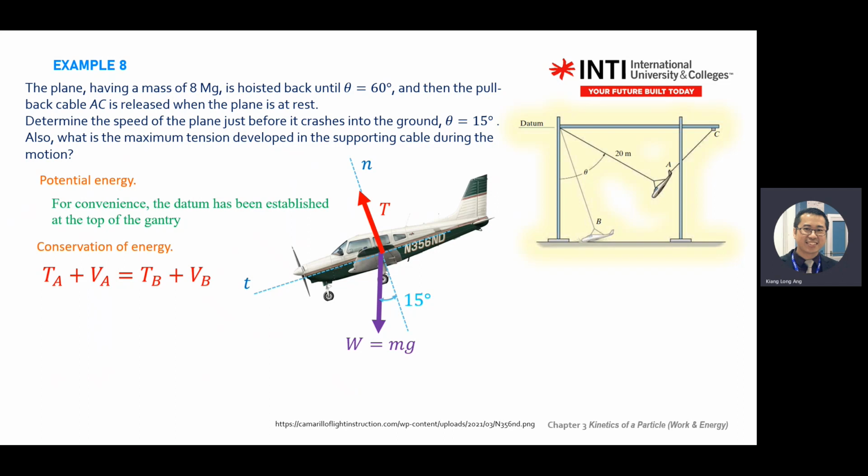So what is the equation for kinetic energy at A? Half m v_A squared. What is the velocity at A? Zero? Rest. So you can cancel the first one, but you still need to write half m v_A squared. What is the potential energy at A?